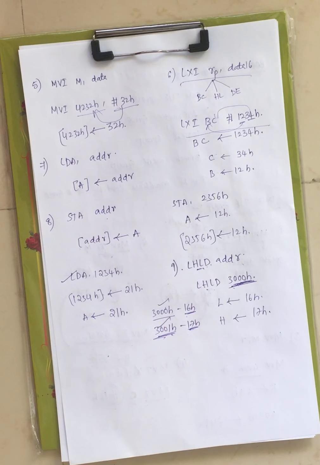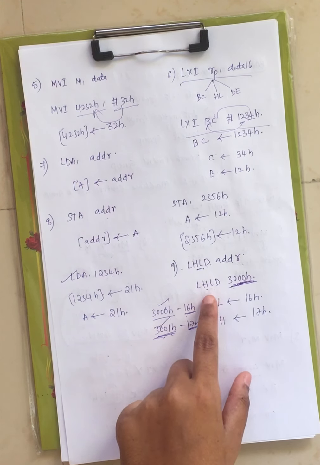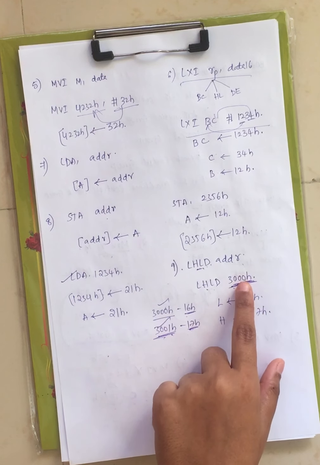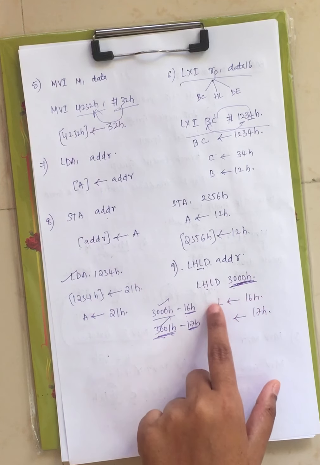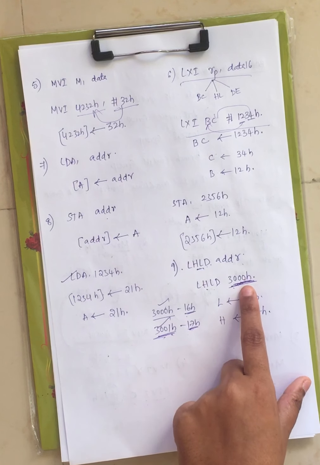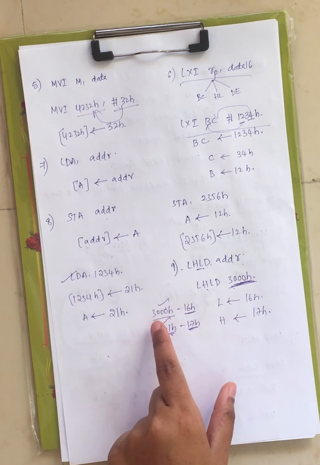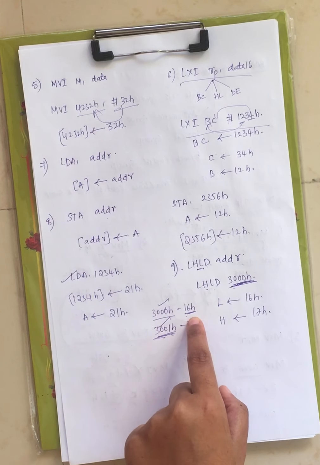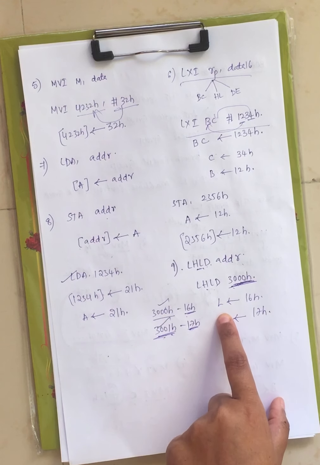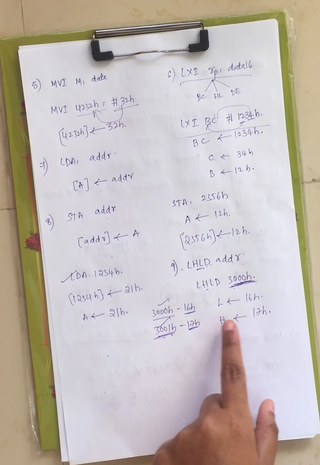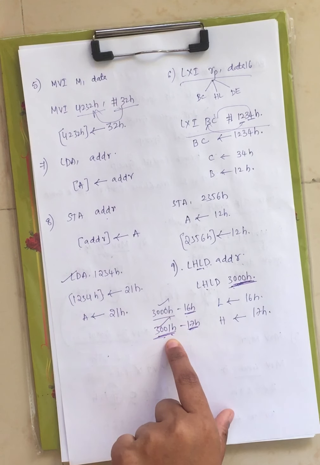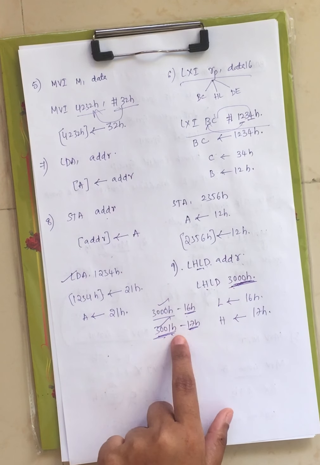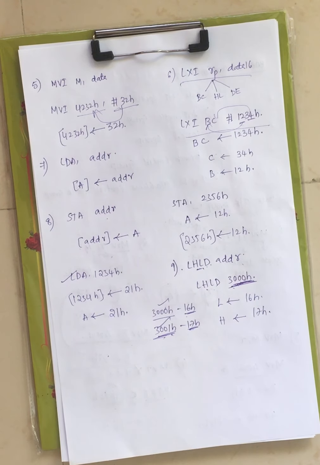Now what are the contents of memory location 3001H? 17H, right? So the LHLD address instruction loads the contents of 16-bit memory locations, starting with the L register. The address we have mentioned in the instruction holds 16H, which is loaded to the L register. The contents of the next memory location, 3001H, are loaded to the H register.